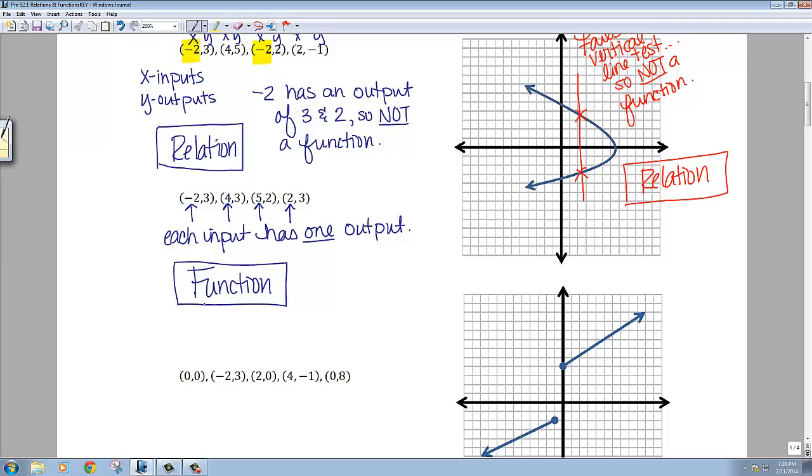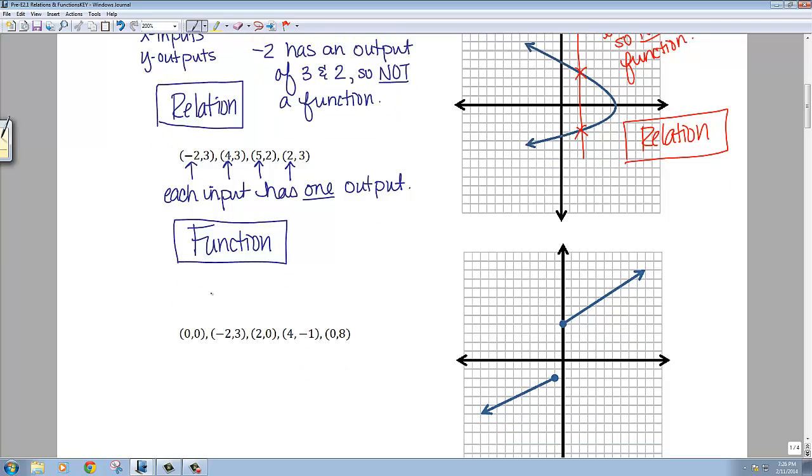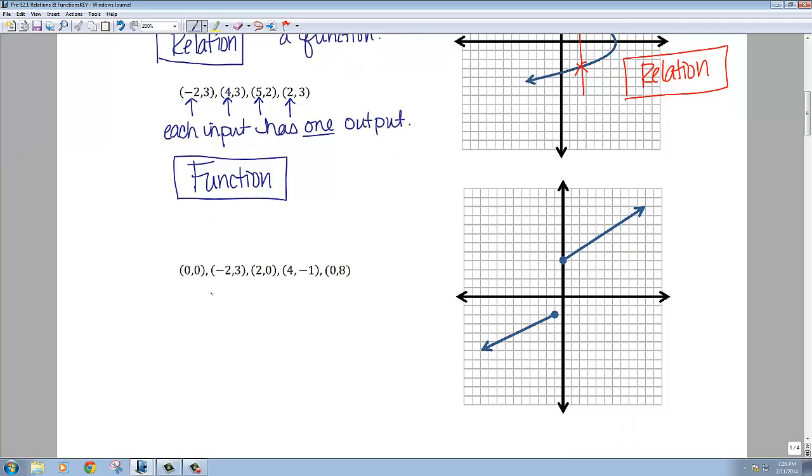All right, let's look at this next set of ordered pairs. I have 0, 0, -2, 3, 2, 0, 4, -1, and 0, 8. So again, I'm looking to see if I have any x values that go more than one place. So if you notice, I do have repeated x values. I have 0, 0, and 0, 8, which means that 0 is getting sent to 0 and 0 is getting mapped to 8.